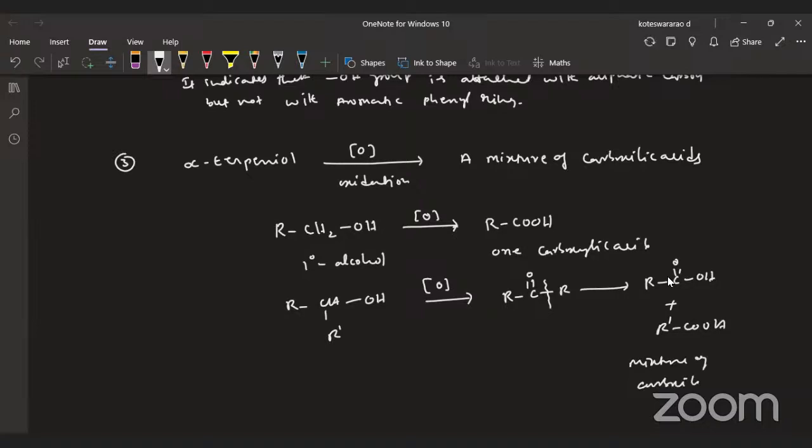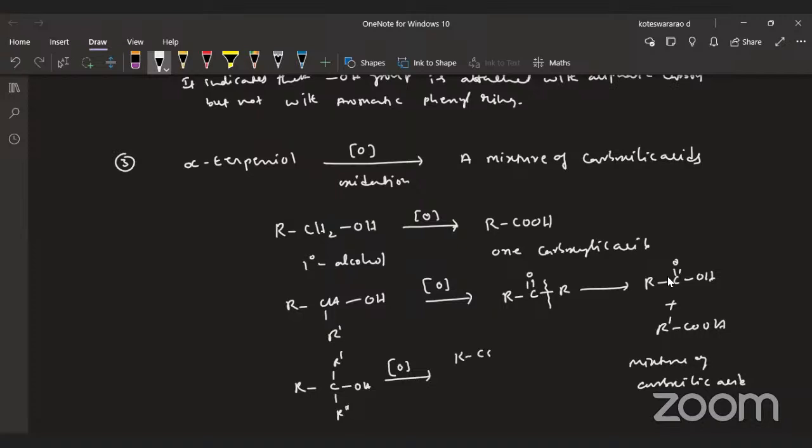Similarly, you take a tertiary alcohol, R, R prime, R double prime, OH, which on oxidation directly produces RCOOH.